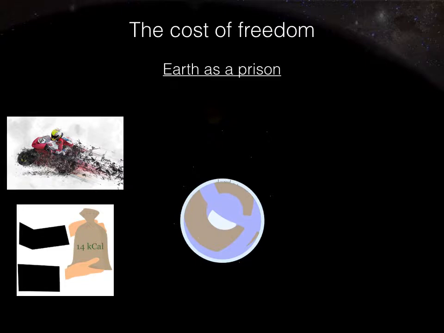You're free to go infinitely far away from the Earth and act as if the Earth did not exist as far as distance goes. So that's the idea of the cost of freedom to pay in order to leave the Earth.